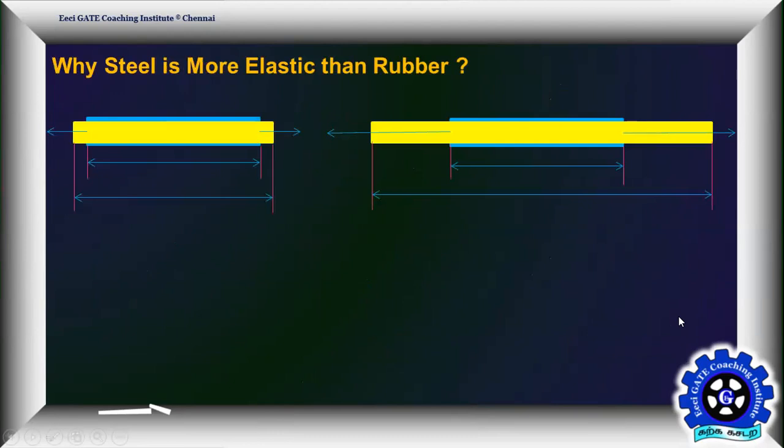Now tell me why steel is more elastic than rubber. Anyone, please tell me.